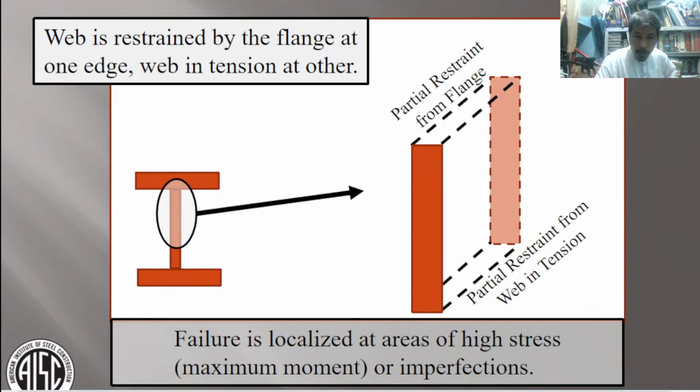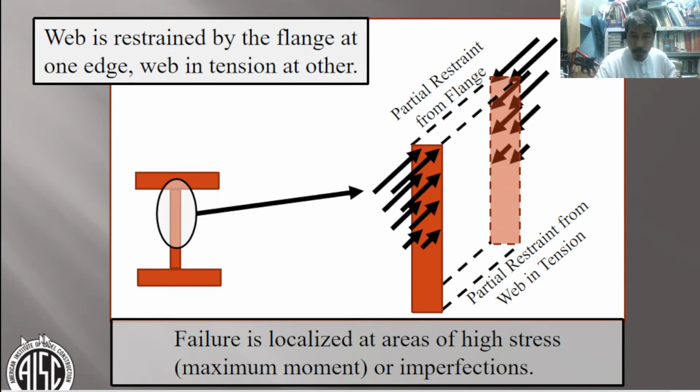It will receive too much pressure, more than its yield point, then it will buckle like this. So the web will buckle like this, locally. It will not be felt throughout the length, but only on a specific portion.